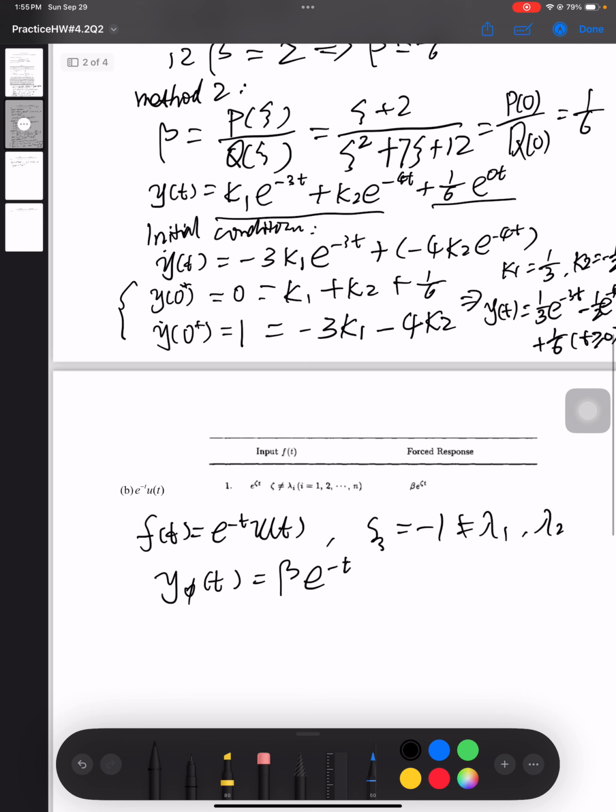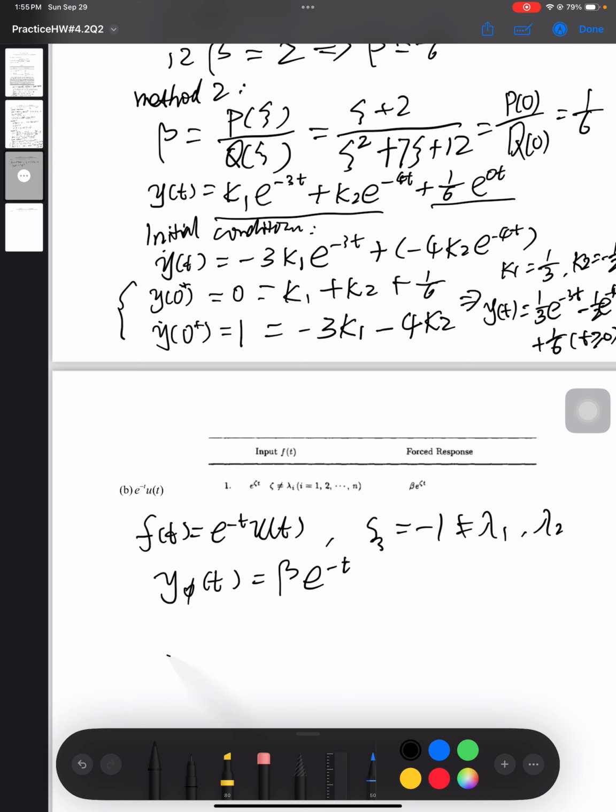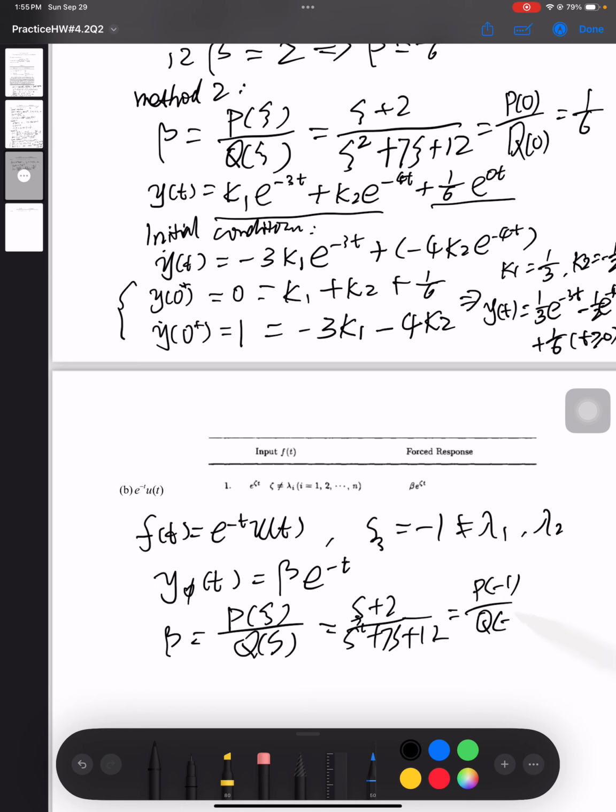So for example, beta equals p(sigma) over q(sigma), like in case 1. It's exactly the same as the last one, just with sigma equal to minus 1.